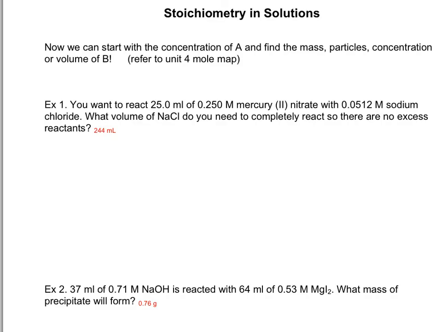I'm going to start example 1 by writing the balanced chemical equation. Here we're reacting mercury(II) nitrate and sodium chloride. I'm going to spread it across my page so I can make an organizing chart underneath.